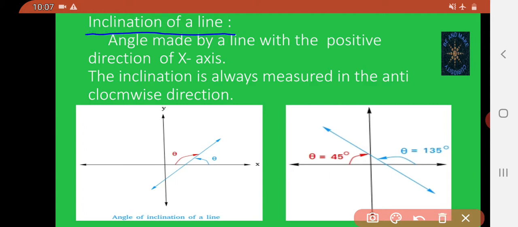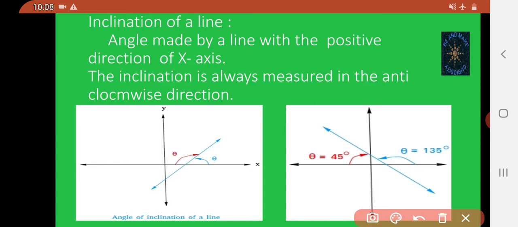Inclination of a line means the angle made by a line with the positive direction of the x-axis is called the angle of inclination of a line.